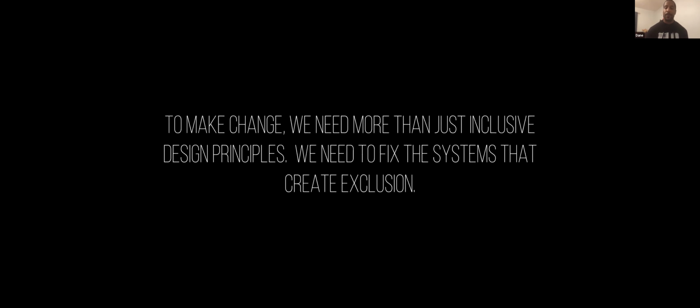But the same way we look at society from whether it's a racial lens or a lens of those who have disabilities, cultural lenses, it's the systems that are in place that create that exclusion. And that's what we really need to address to make something like inclusive design principles something that we can even act on in the first place.